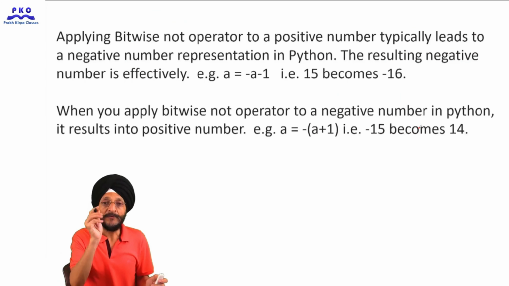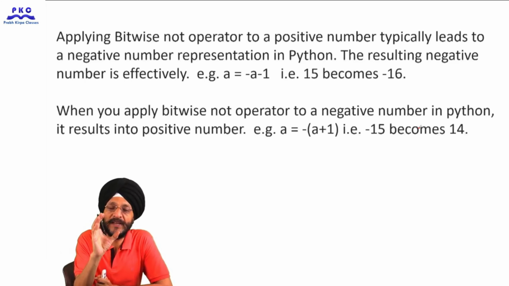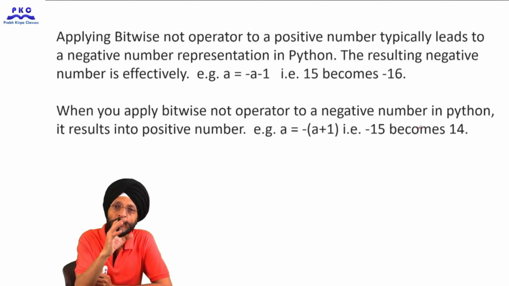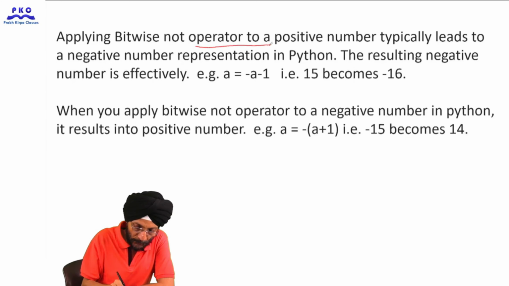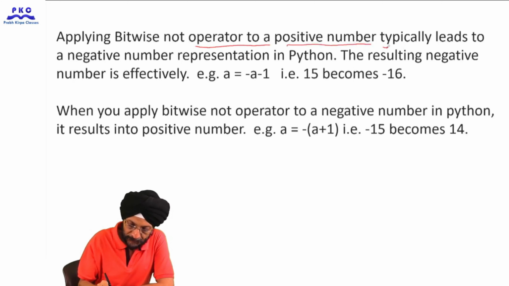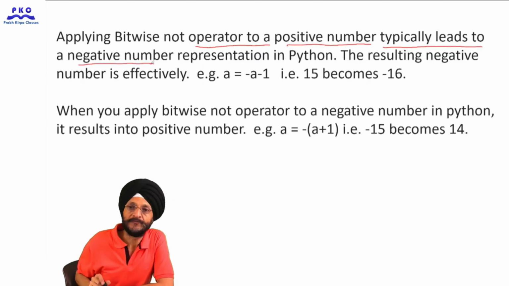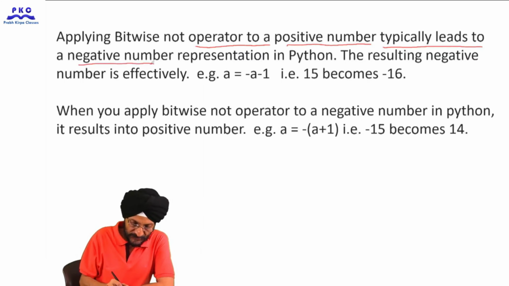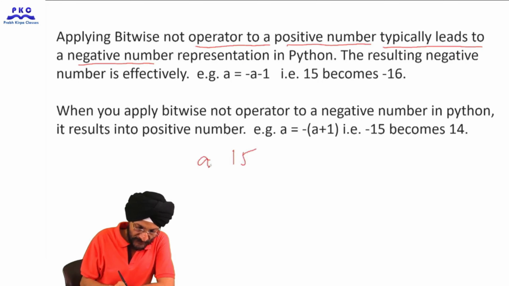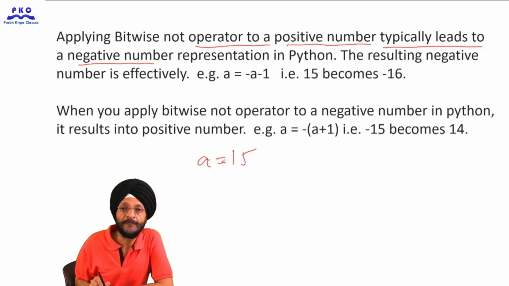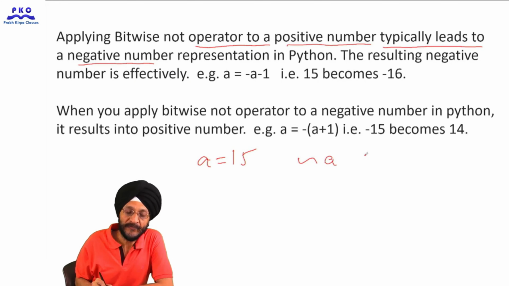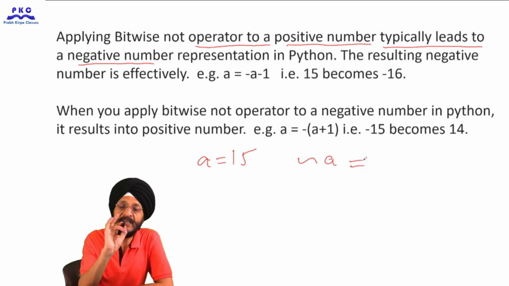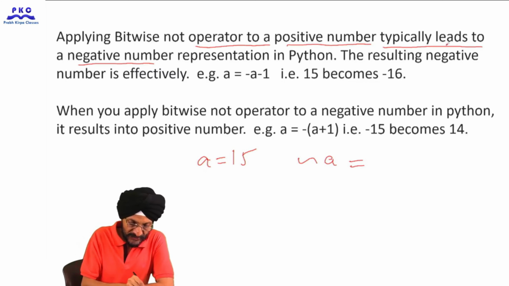So what will be the net effect on the decimal value of this bitwise NOT operator? Now we understand the same. Applying the bitwise NOT operator to a positive number typically leads to a negative number. Here we take the example of a is 15. So applying the NOT operator will generally result in a negative number.